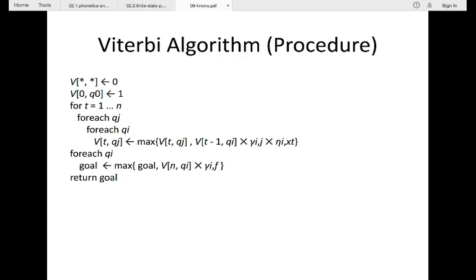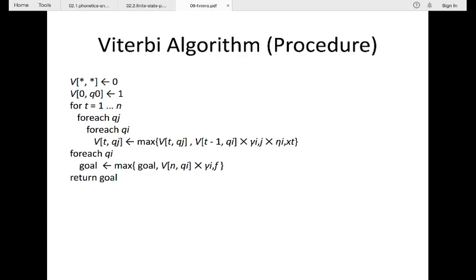For each qj, for each qi, we're going through all of the states in both dimensions, looking at all pairings of states within the matrix.